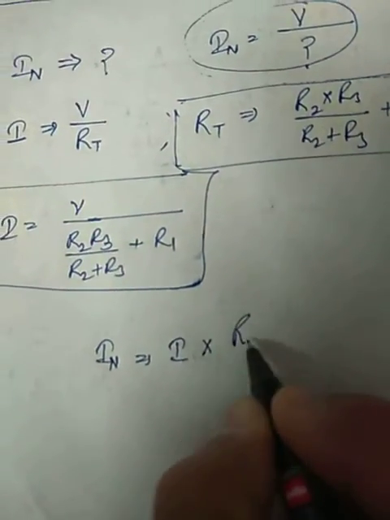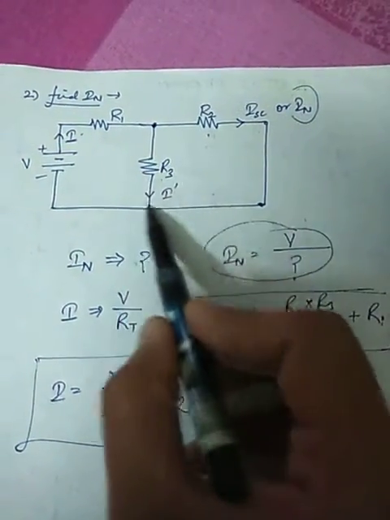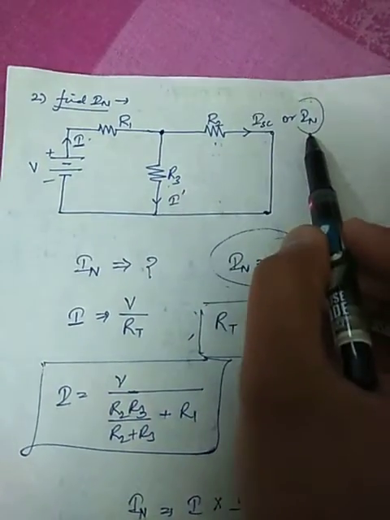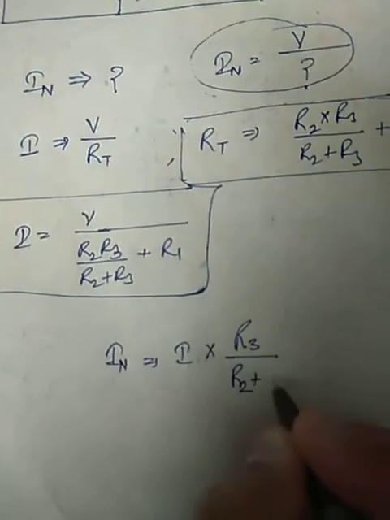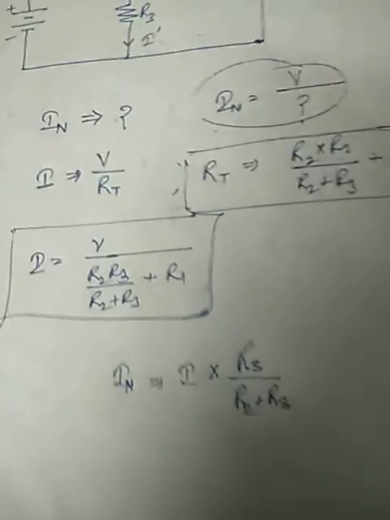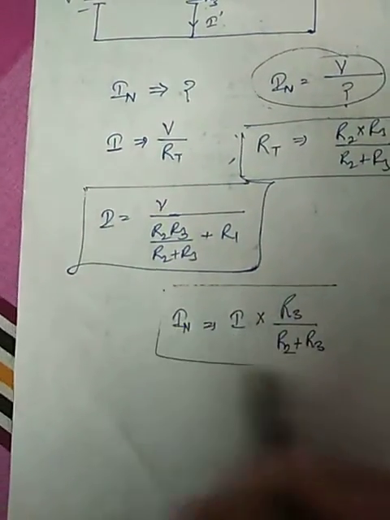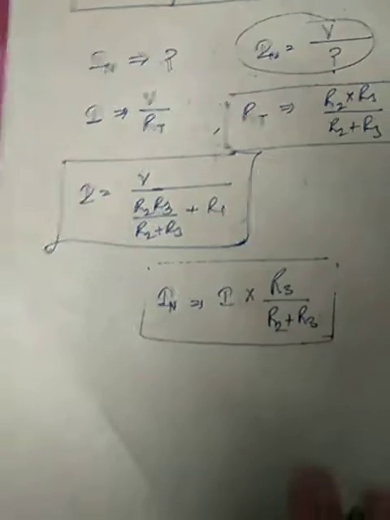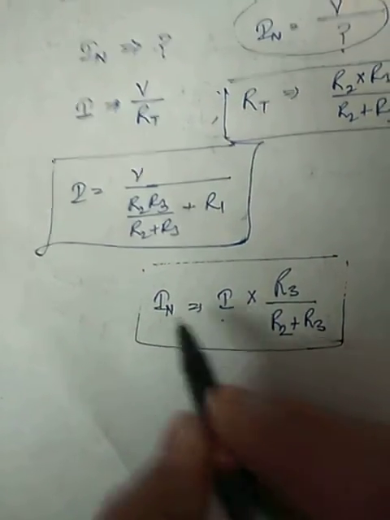So the resistance of the other branch, R3, divided by the sum of the resistances on which the source current, Norton current, and I dash are flowing. So R2 plus R3. So this will be the formula of IN. With the help of this source current we will find IN.